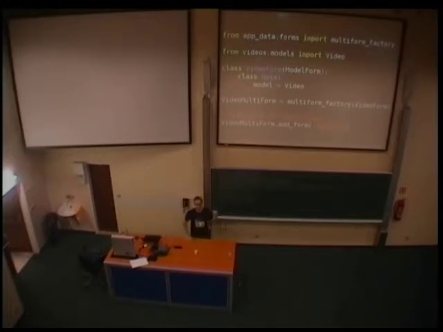Suddenly, all the views that use this video multiform will have a new field, tagging.tags. So again, from within the app, I'm modifying the behavior of a built-in model, video in this case.